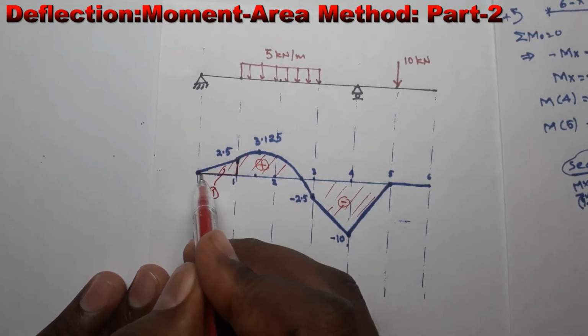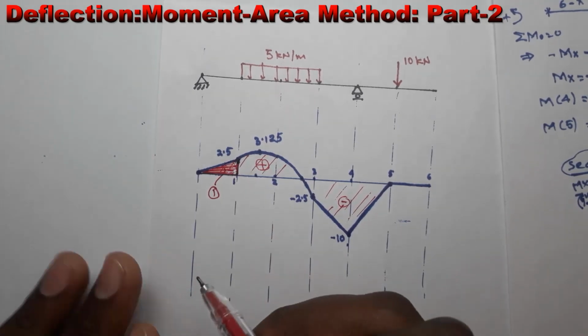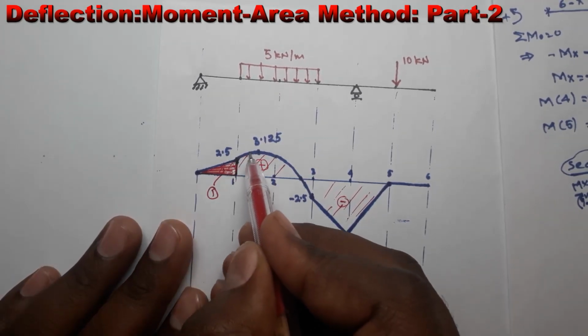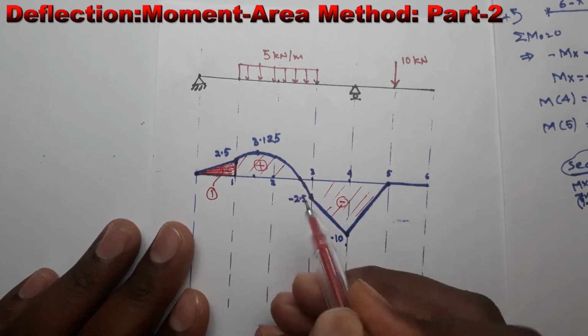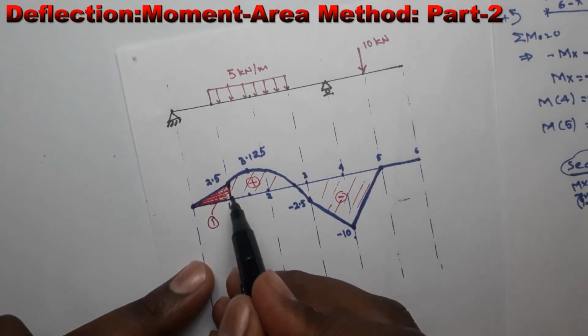This part is a triangle. Now from here up to here, let me have it as area 2. This one, area 2.